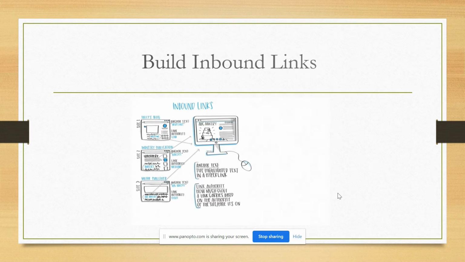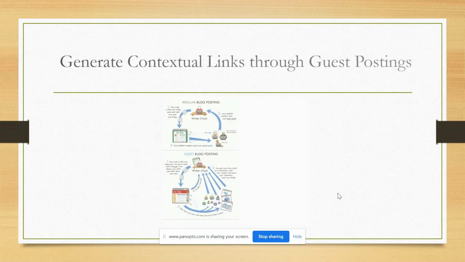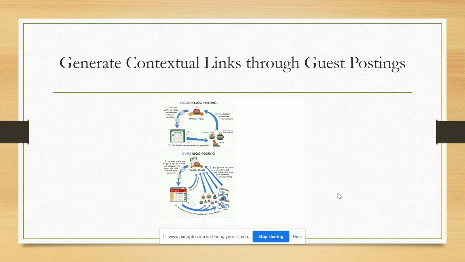Okay, so we'll move to the next point. Now you have to generate contextual links through guest postings. This is very important. When you do guest postings, keep this in mind: write a new blog post consistently, then get in touch with a blogger who shares your niche and offer them your post.